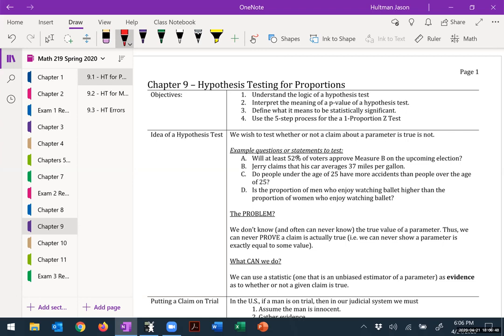The idea of a hypothesis test is that we wish to test whether or not a claim about a parameter is true. In this case it's going to be P, the population proportion.